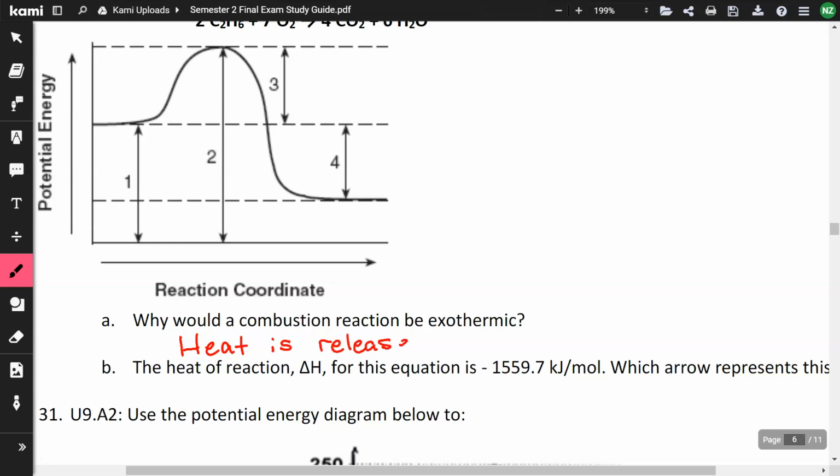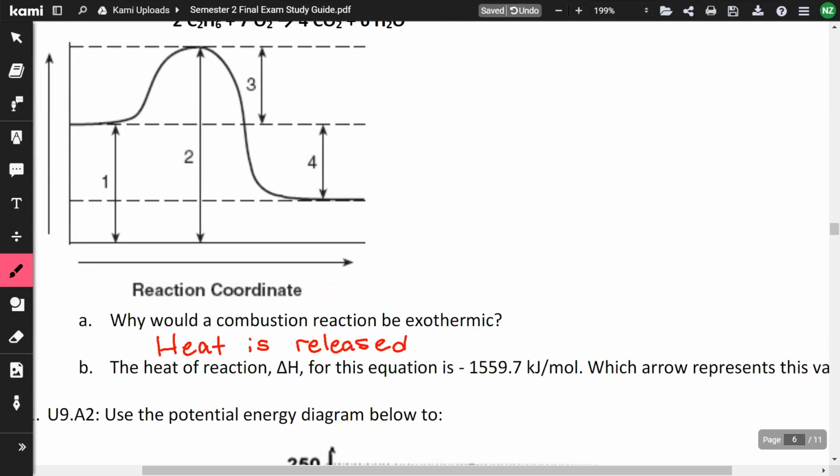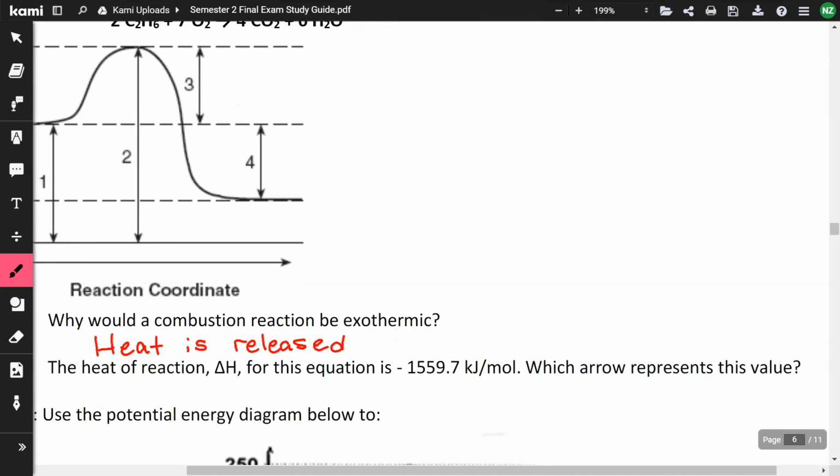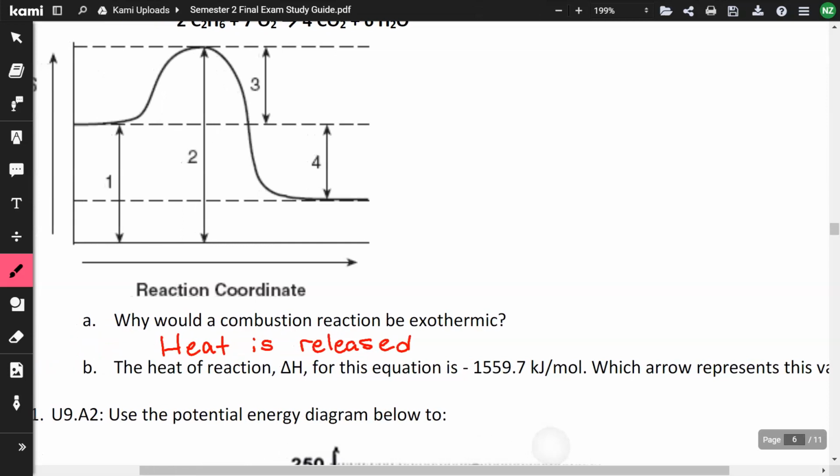If you've ever put your hand over a fire, you can feel the heat. The heat of a reaction, delta H, for this equation is negative 1559.7. Which arrow represents this value? Delta H is the difference between your products and reactants, so that would be number 4.